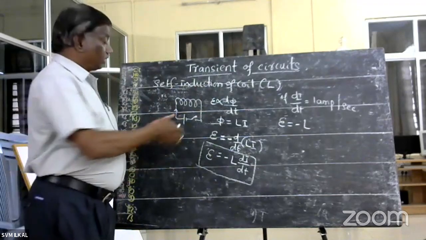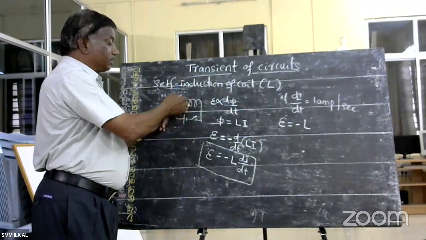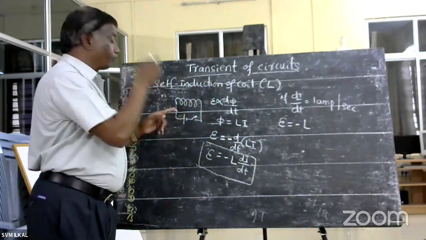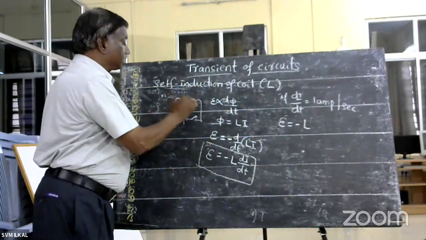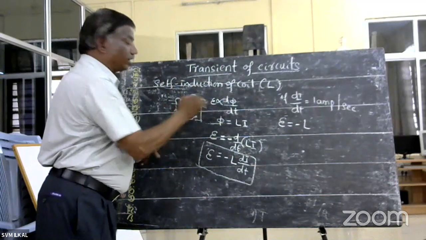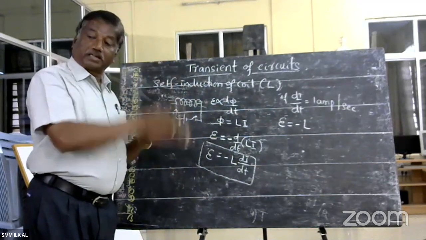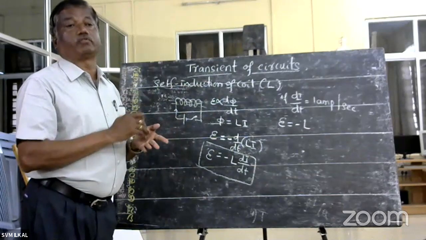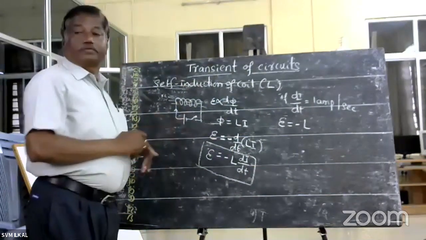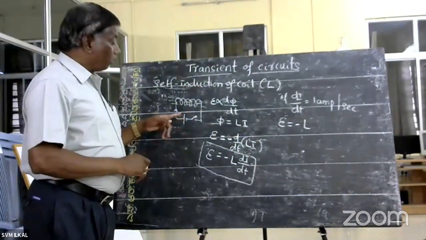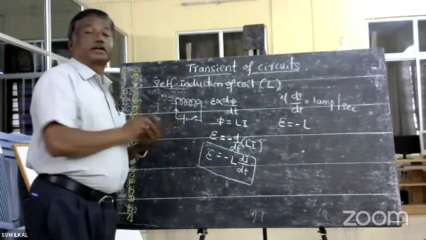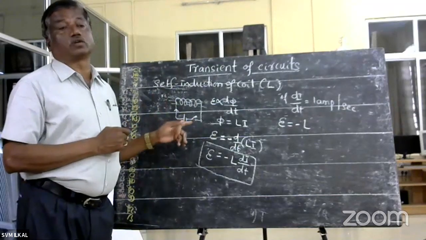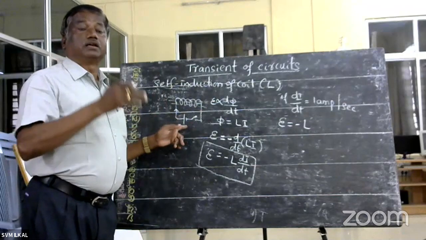When the current is gradually increased in the circuit, due to the flow of current the magnetic flux is released inside the coil. That change of magnetic flux causes the generation of EMF, but that EMF opposes the rise of current. That's why it is called reverse EMF.